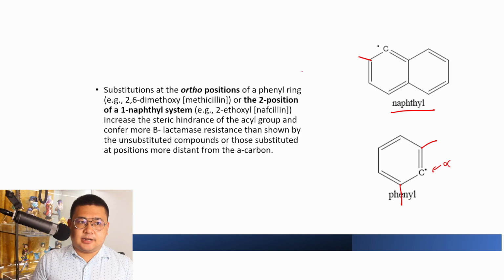This increases the steric hindrance of the acyl group and confers more beta-lactamase resistance than shown by unsubstituted compounds. So if you're going to compare a structure with a naphthyl ring and a phenyl ring, if there are substitutions at 1 on naphthyl or 2 and 6 on phenyl, it is greater in terms of beta-lactamase resistance.